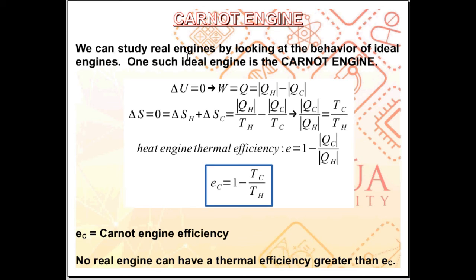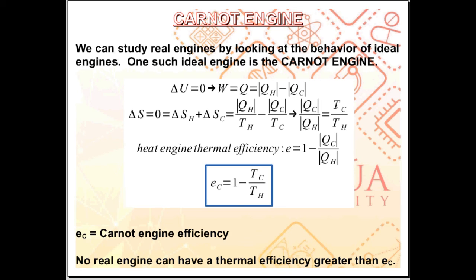A heat engine involves a cyclic process. So basically, it involves a reversible process. So delta S is equal to 0. Delta SH is QH over TH, whereas delta SC is QC over TC. And this is equal to 0, which means we can rearrange the equation to be QC over QH is equal to TC over TH.